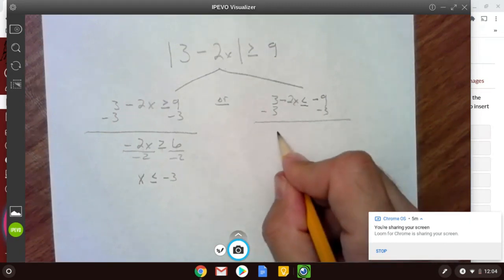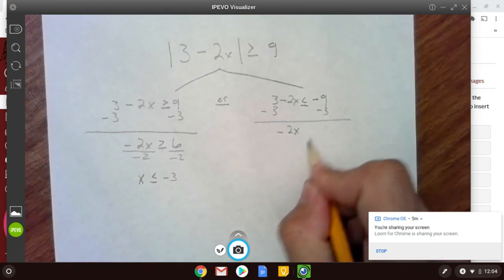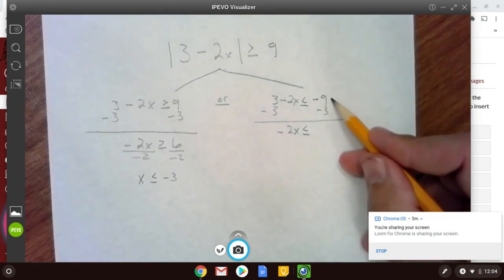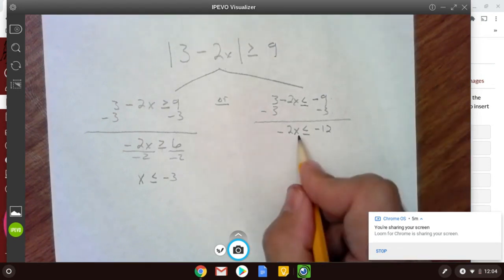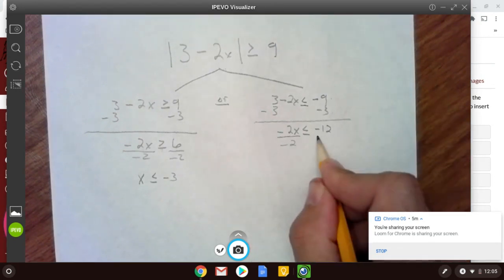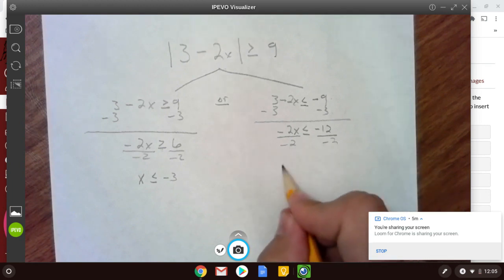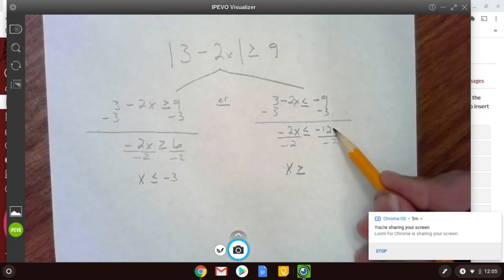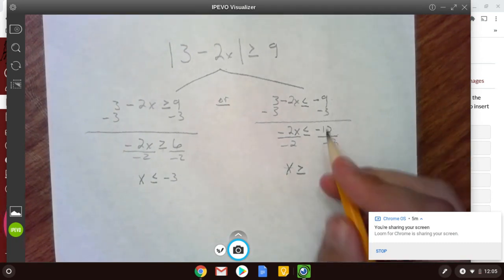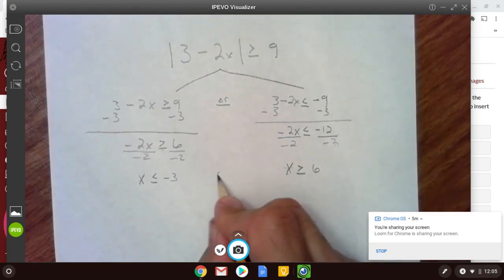Bring down our negative 2x. Negative 9 minus 3 is going to be negative 12. And we'll divide by negative 2. Because we divided by a negative, we'll flip our sign. Negative 12 divided by negative 2 is positive 6.